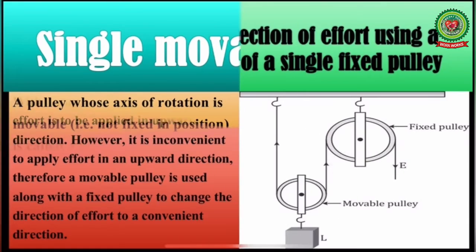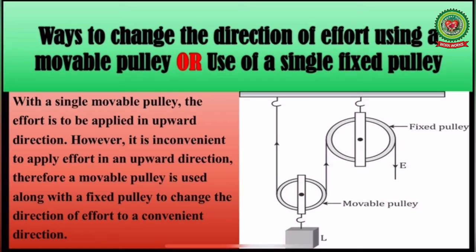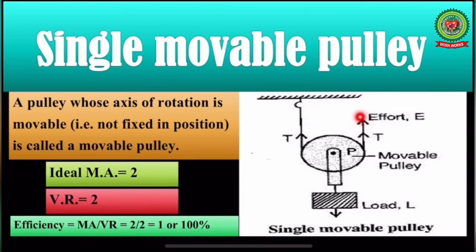Now let us talk about ways to change the direction of effort using a movable pulley, or use of a single fixed pulley. In case of a single movable pulley, we have to apply effort in upward direction, which is very inconvenient direction.